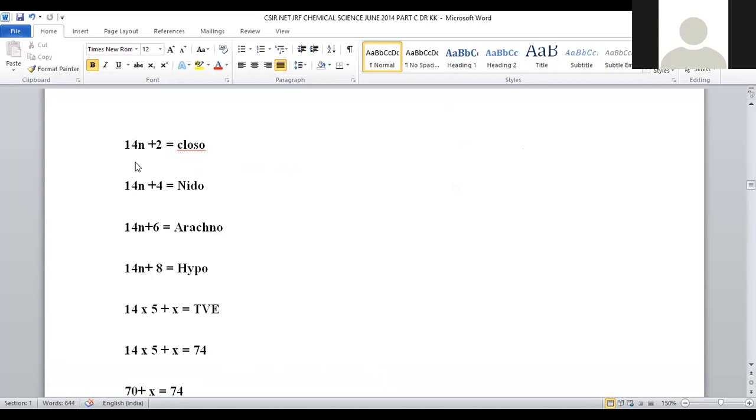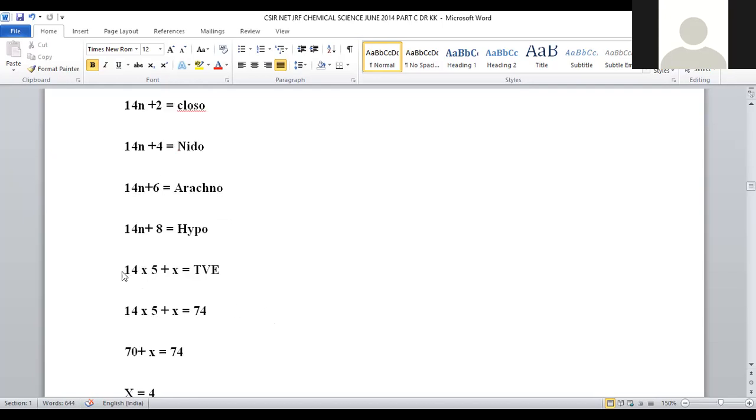For transition metals, it will be 14n plus 2, 14n plus 4, 14n plus 6, 14n plus 8. 14n plus 2 denotes closo, a cage-like structure. 14n plus 4 means nido, a nest type of structure. 14n plus 6 is arachno, a net type of structure. 14n plus 8 is hypho, and 14n plus 10 is clado. Such cluster structures are given in accordance with Wade's rule.